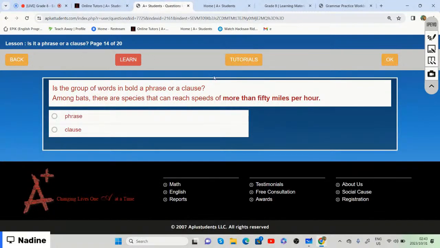And then, among bats, there are species that can reach speeds of more than 50 miles per hour.